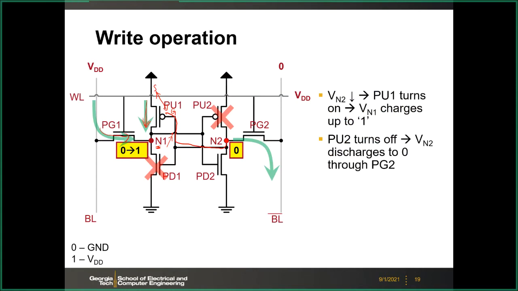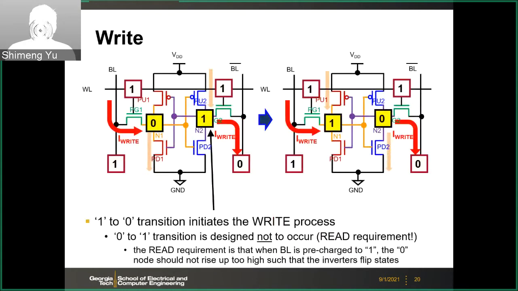So to summarize here, the write operation is initiated from the 1 to 0 transition. In this example, that's the write branch. So first, this one node needs to be decayed to a certain low voltage, and then the 0 to 1 will follow.